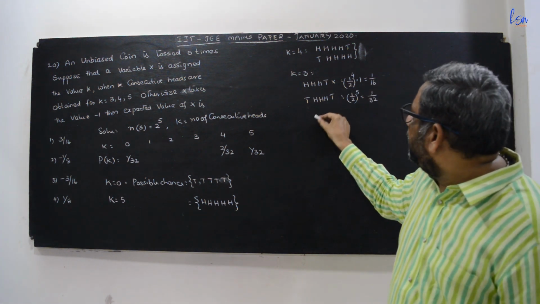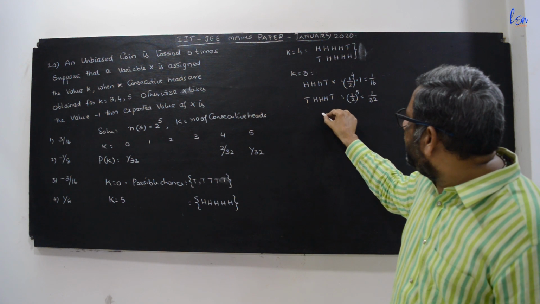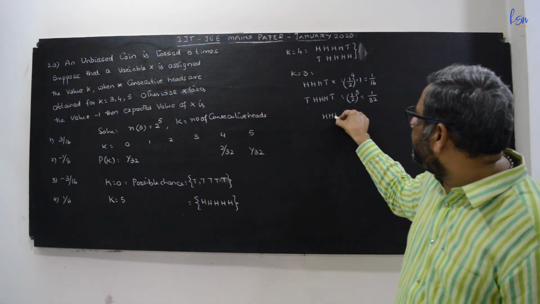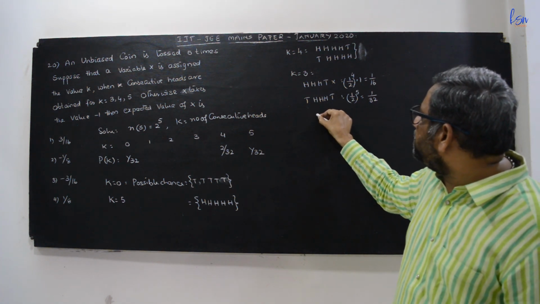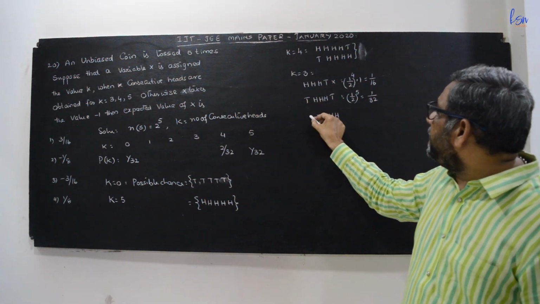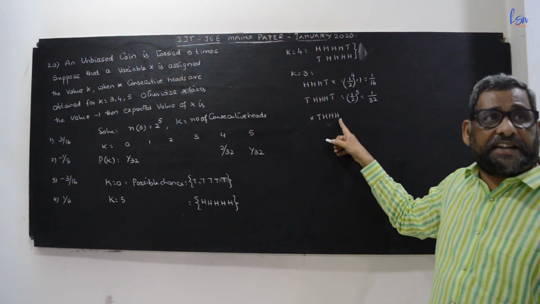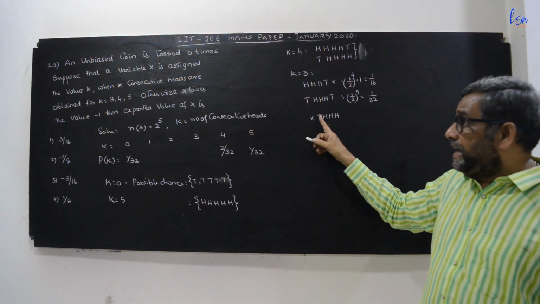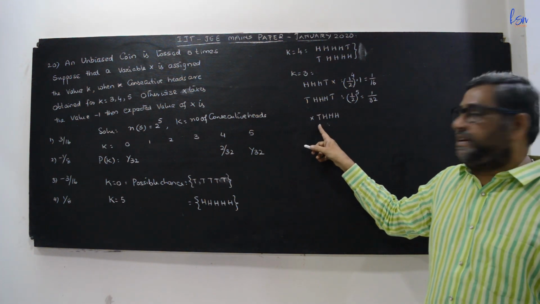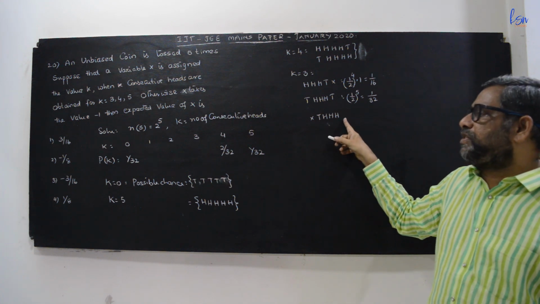And next, if you take 3 heads at the end, here there must be a tail, and the first position can be either a tail or a head. Because 3 consecutive heads are here, the one before must be a tail. If it is a head, 4 consecutive heads will come.